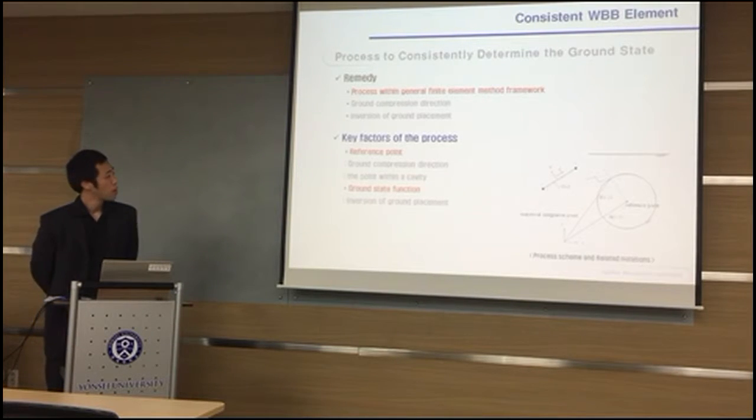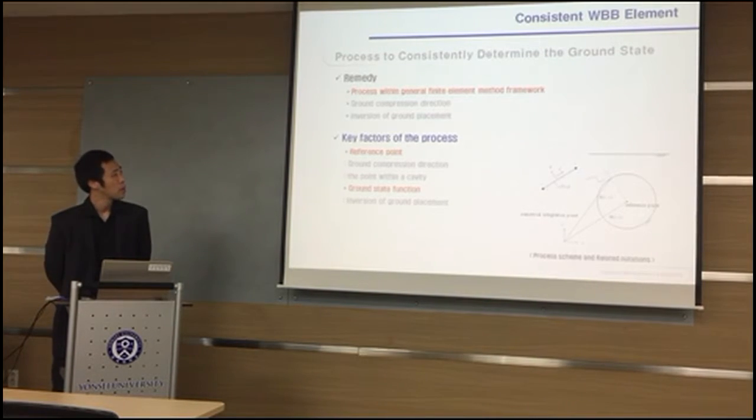To solve these problems, a process is proposed in my dissertation. This process is implemented within a general finite element method framework. In the process, the key factors are the reference point and the ground state function, denoted by capital lambda.